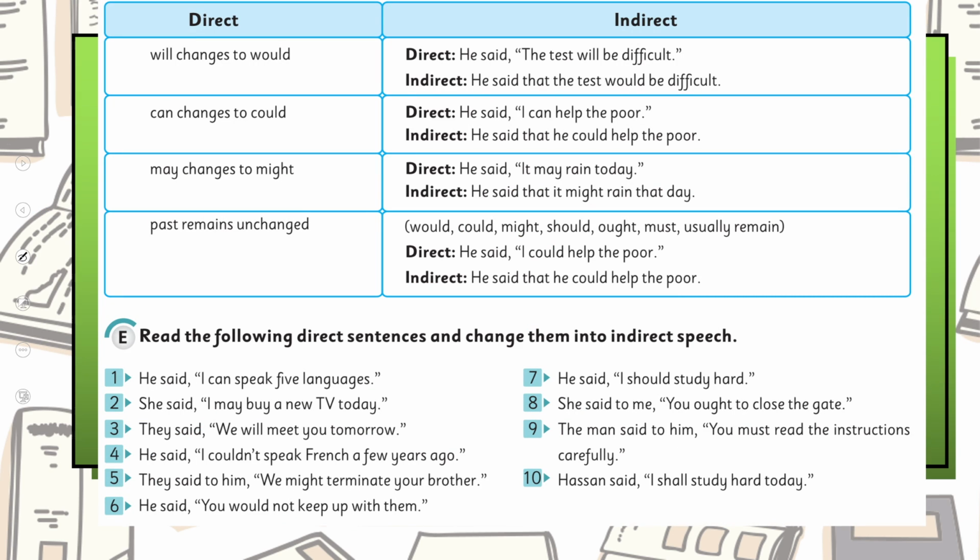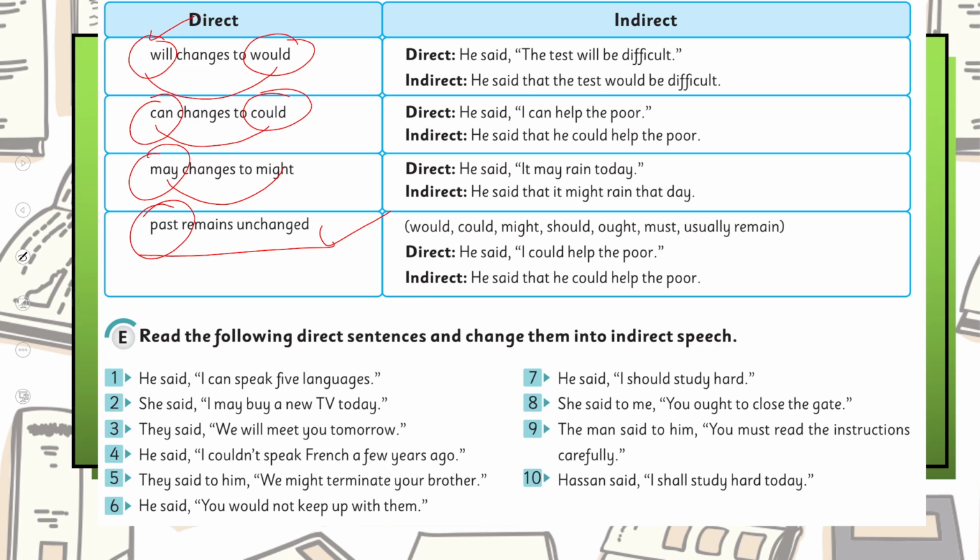All right. Now, in case of these different auxiliaries, helping verbs, will changes into would, can becomes could, may changes into might, could remains unchanged. You will not change it.